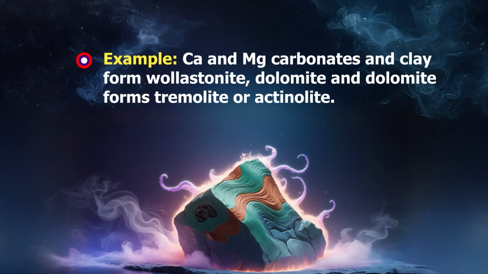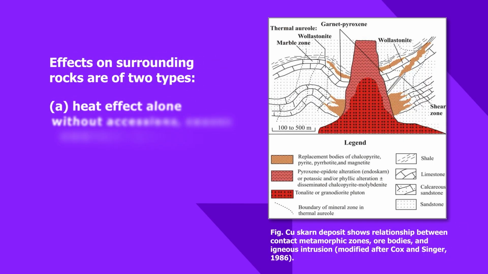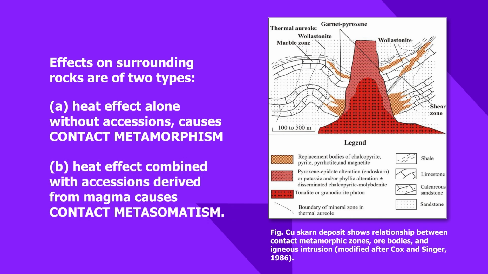For example, calcium and magnesium carbonates and clay form wollastonite and dolomite. Effects on surrounding rocks are of two types. A, heat effect alone, without accession, causes contact metamorphism, whereas B, heat effect combined with accessions derived from magma causes contact metasomatism.